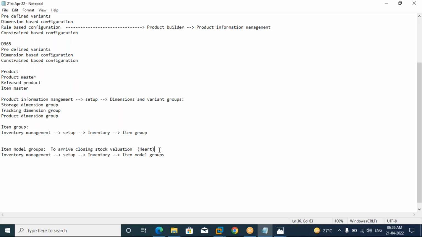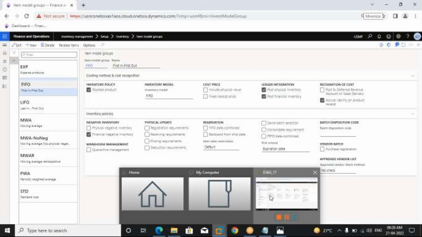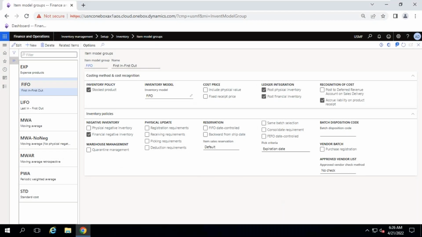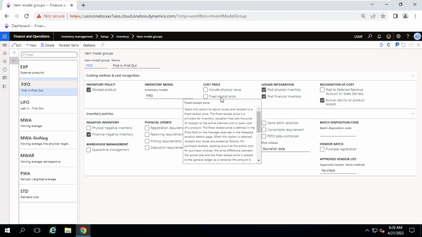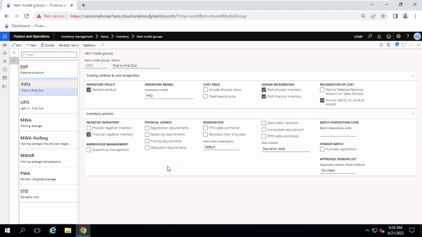From that heart the blood circulates across your body. In the same manner, this is that important. Each and every checkbox has a lot of intelligence. At this point you don't know about the functionality, but you will understand it after 1 month, at May month end. Not now.